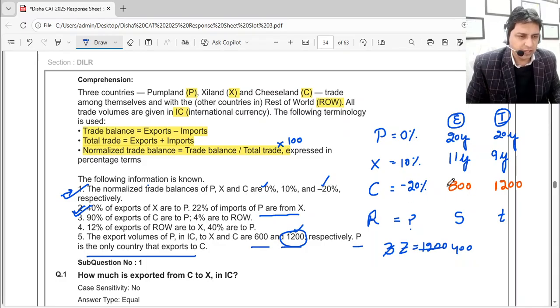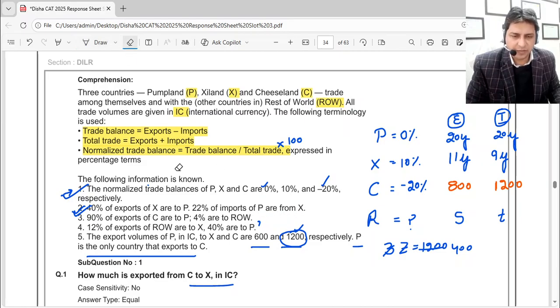Now from C to X, so total export of C, that is 800, and 90% of export of C are to P, 4% to ROW, and the rest is 6% which is left, because a total of 100% is what one country can export, and 90% goes to P. We're talking about C, we're talking about 1200 right now.